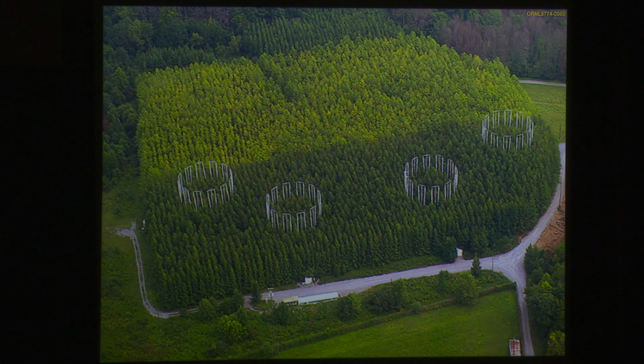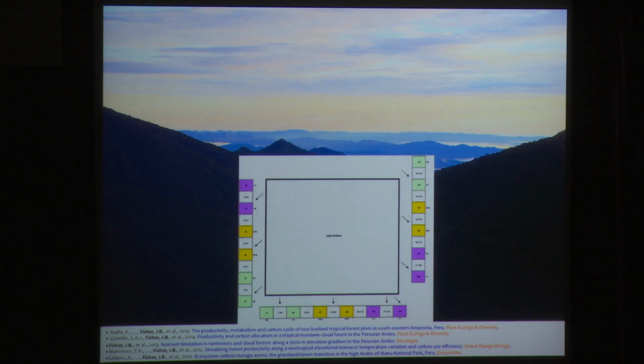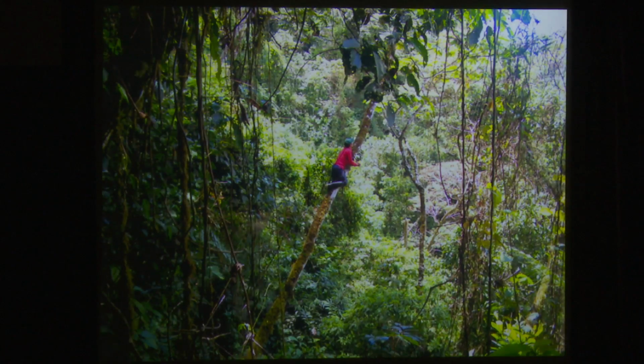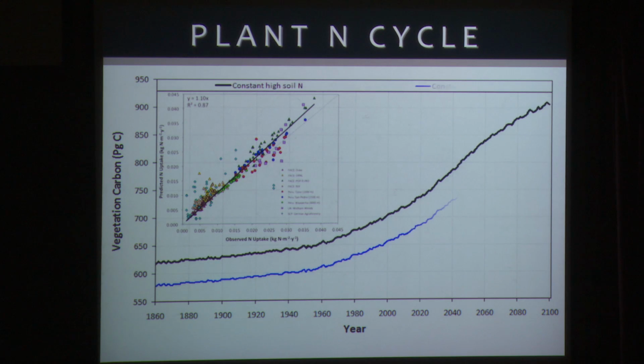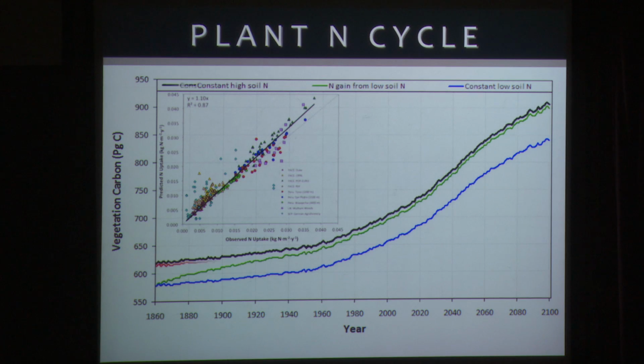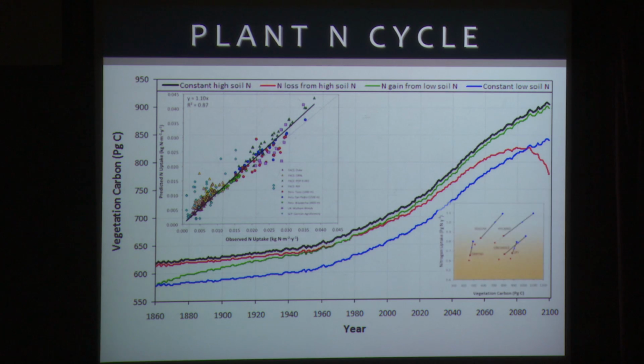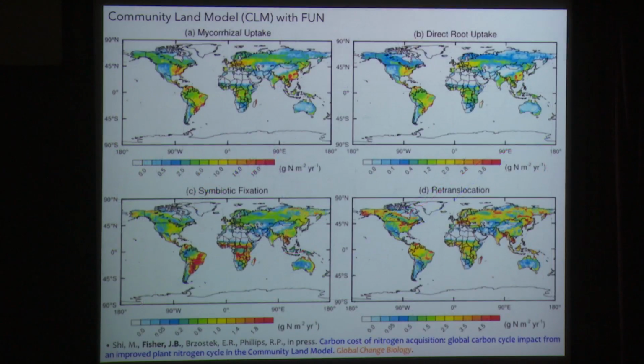Skip through the FACE experiments, fertilization experiments. But basically these nutrient cycles are being put into the models to reduce this exponential rise into something more realistic that we're seeing with data, and to curb that ability to go exponentially higher.